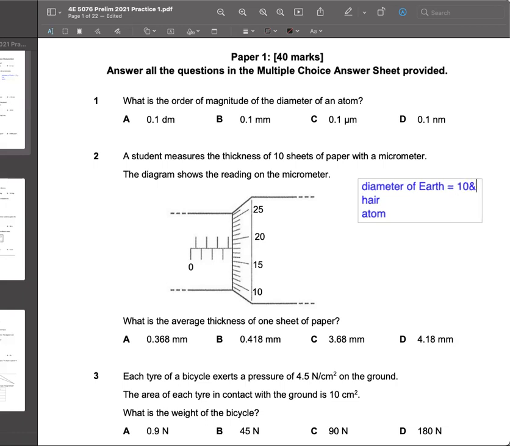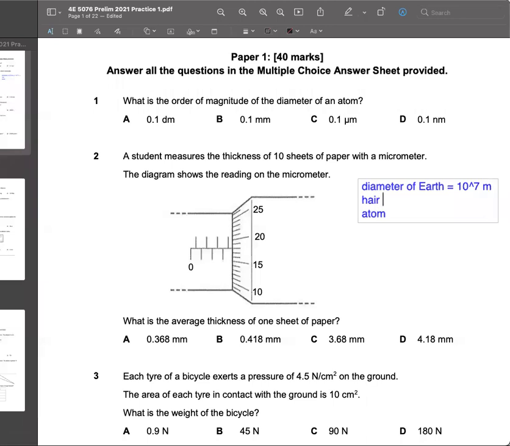10 to the power of... Come everyone, type into the chat box. It is 7. Yeah, correct. 7 what? 10 to the power of 7 meters.